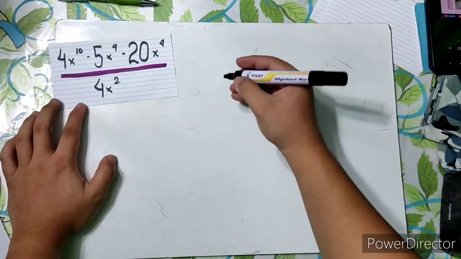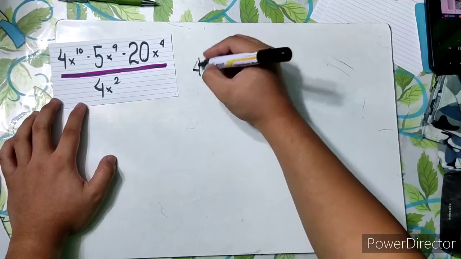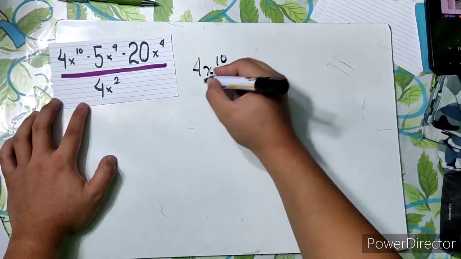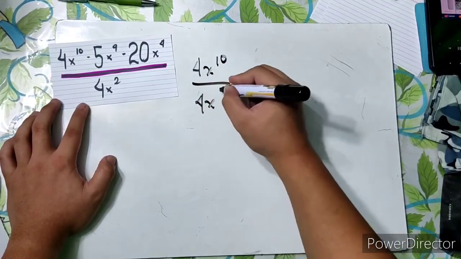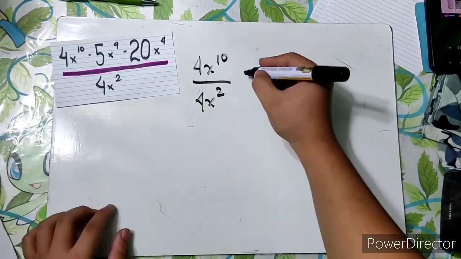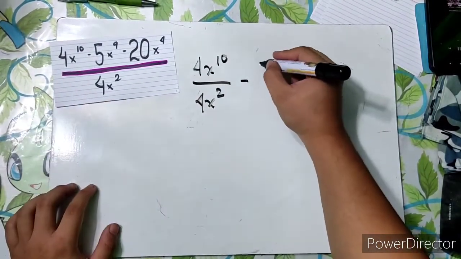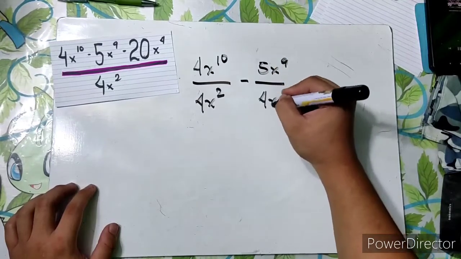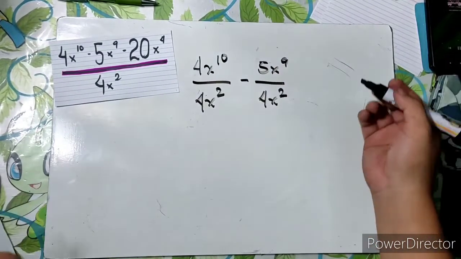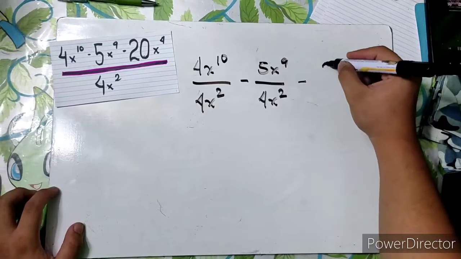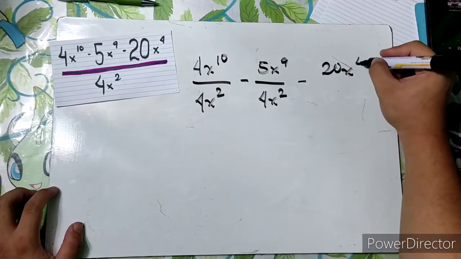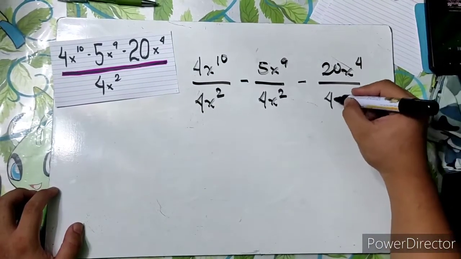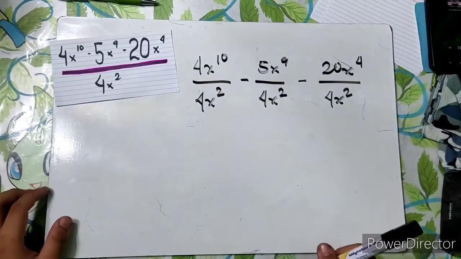So we have 4x raised to 10 divided by 4x squared, minus 5x raised to 9 over 4x squared, minus 20x raised to 4 over 4x squared.